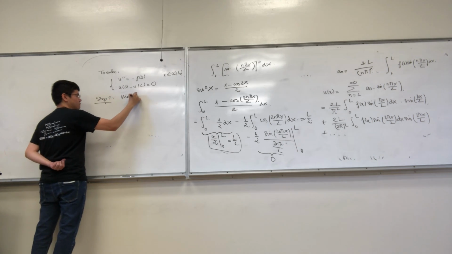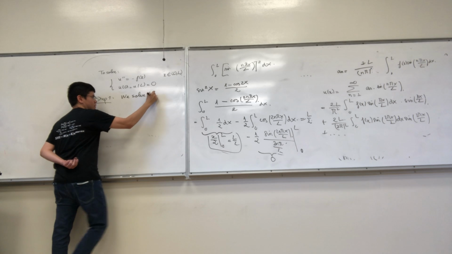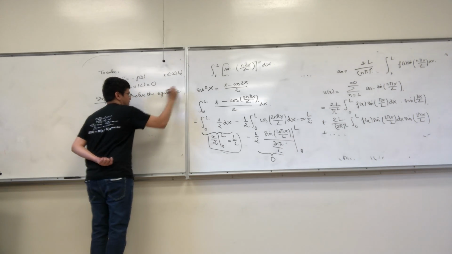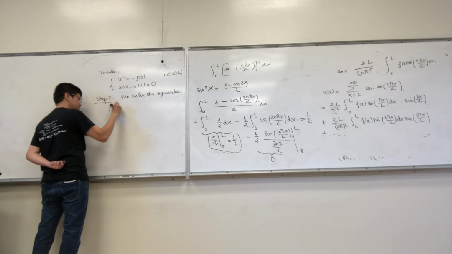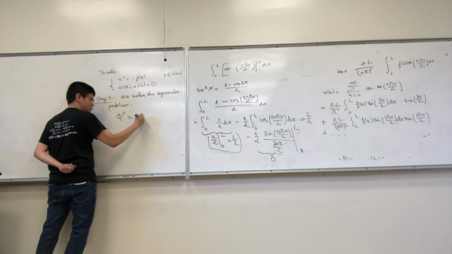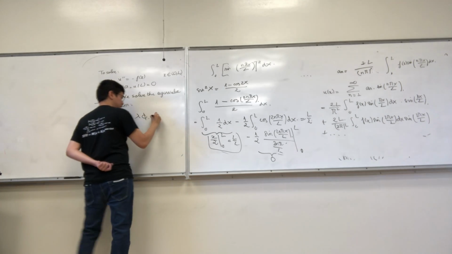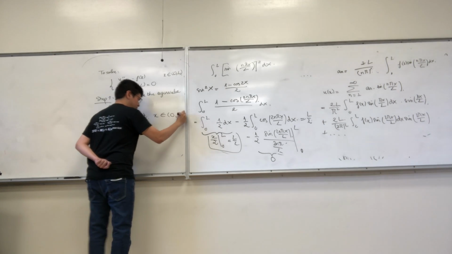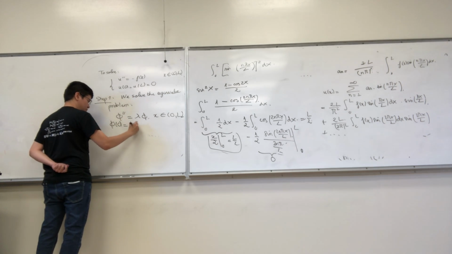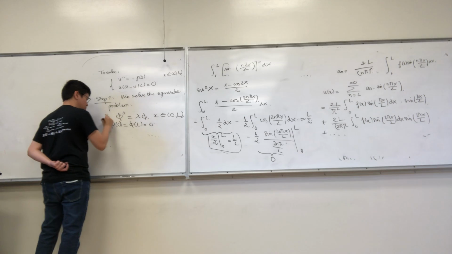We solve the eigenvalue problem: phi second equals lambda n phi, x in 0 to L, phi at 0 equals phi at L equals 0.